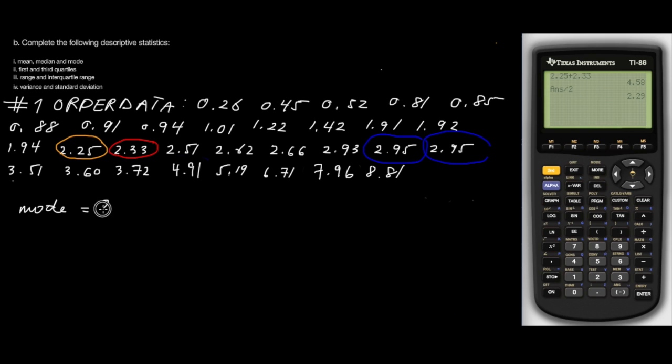Our mode is equal to 2.95. Now, one thing to bear in mind, there cannot be more than one mean. There cannot be more than one median. There can, however, be more than one mode. Okay? It is the only measure of central tendency that can have more than one value.